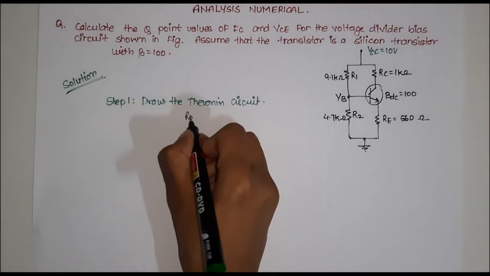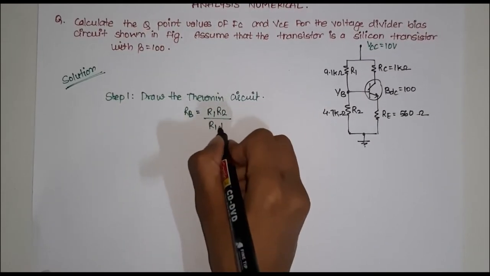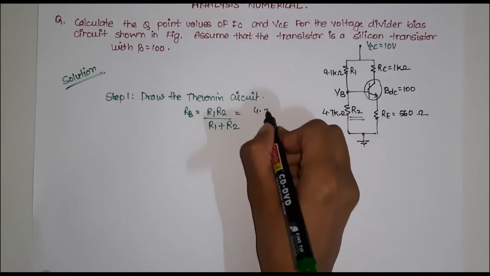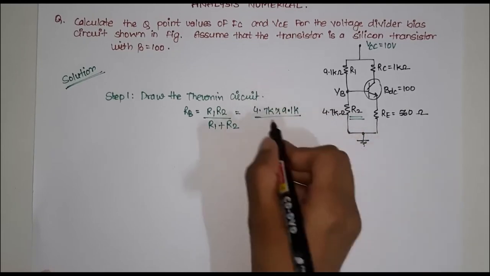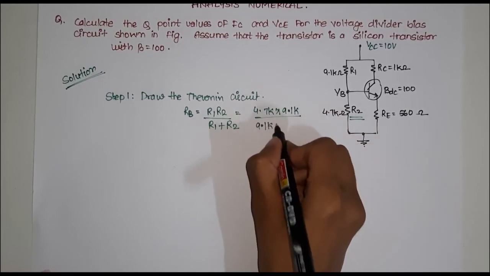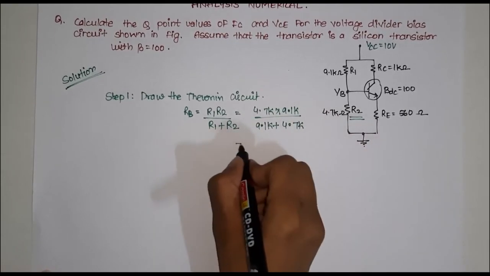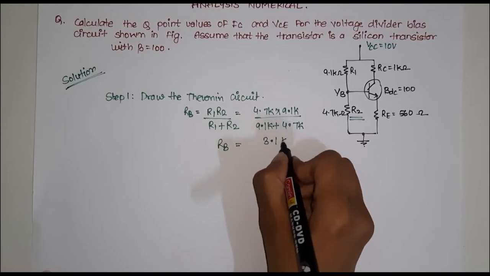So the value of RB will come out to be R1 into R2 upon R1 plus R2. So यहाँ पे देख सकते हैं R2 का value is 4.7K into R1 का value is 9.1K upon R1 is 9.1K plus R2 का value is 4.7K. On solving this, the value of RB we get is 3.1 kilo ohms.